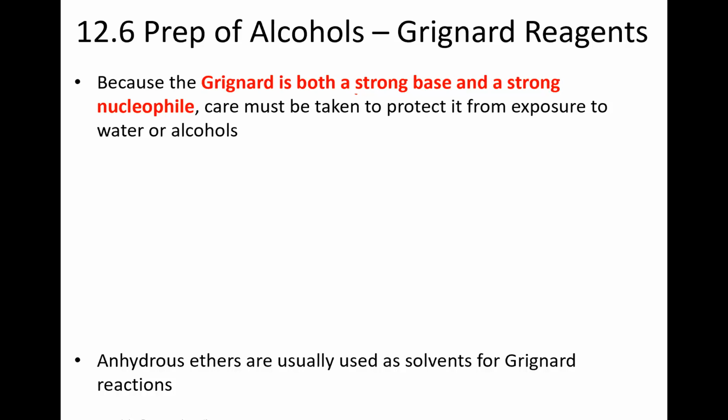Remember, we talked about the Grignard reagent is both a strong base and a strong nucleophile. We want it to behave as a strong nucleophile to attack the carbonyl carbon of an aldehyde or ketone. But it's possible it could act as a base if there was an acidic proton nearby, which is why as soon as we form a Grignard reagent, for example, phenyl magnesium bromide, we would want to take care to avoid exposure to anything acidic, such as even water, which is not a super strong acid.